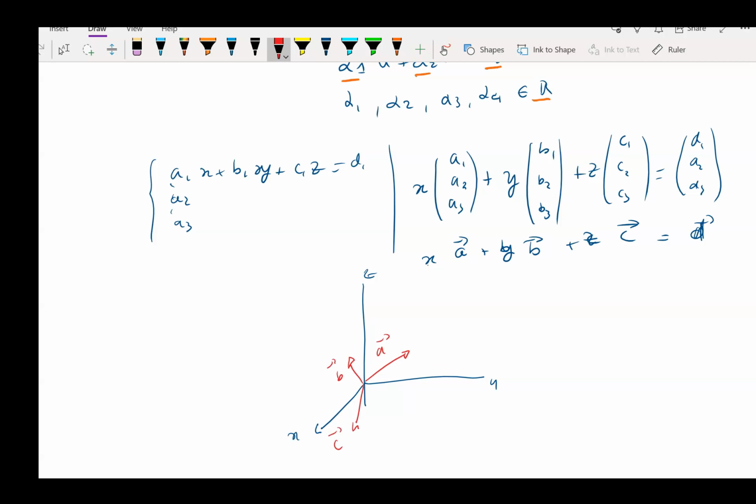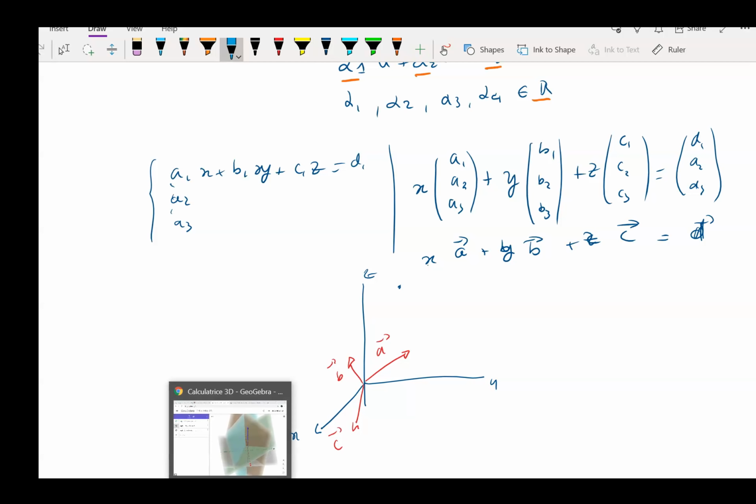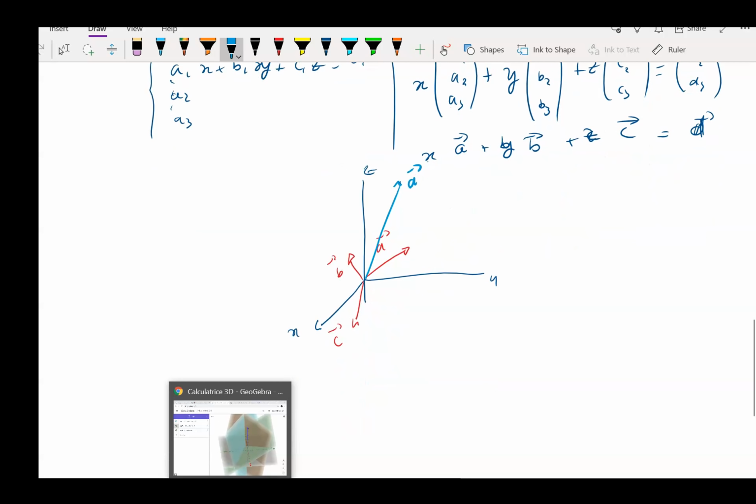You already know that if I've got three vectors that are not coplanar in R3, I will be able to reach any vector D, any point. I can find a linear combination of those three vectors that will work.